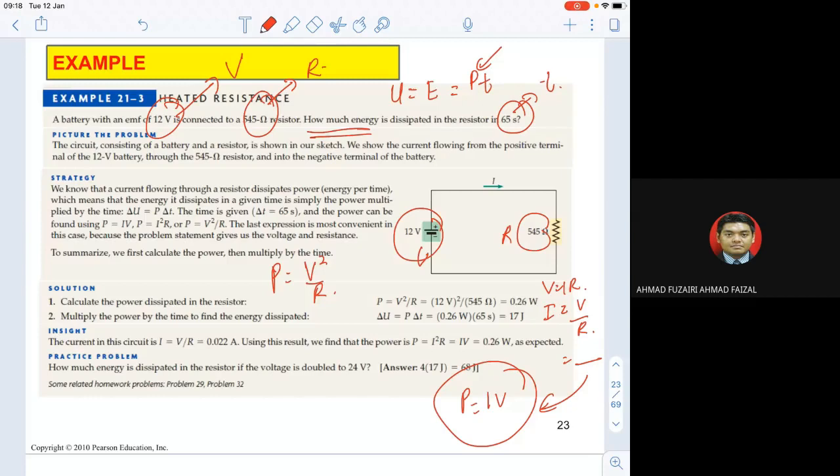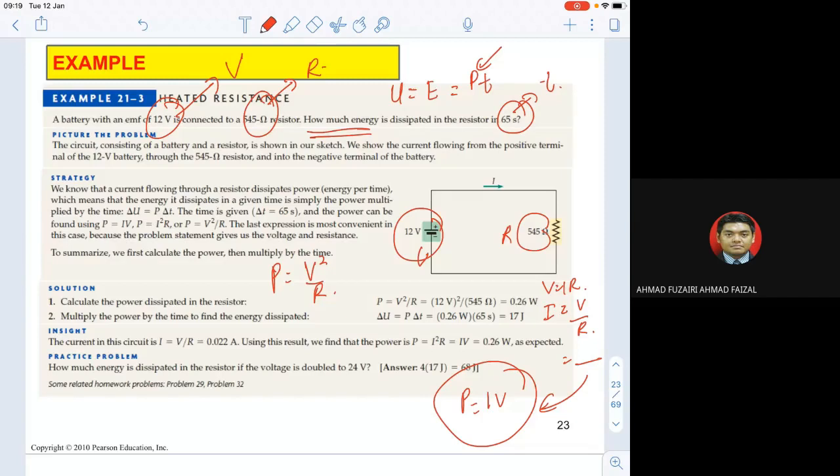Use those values. Don't try to find I, because I is not yet verified as correct. Right now, use what they give you inside the question.